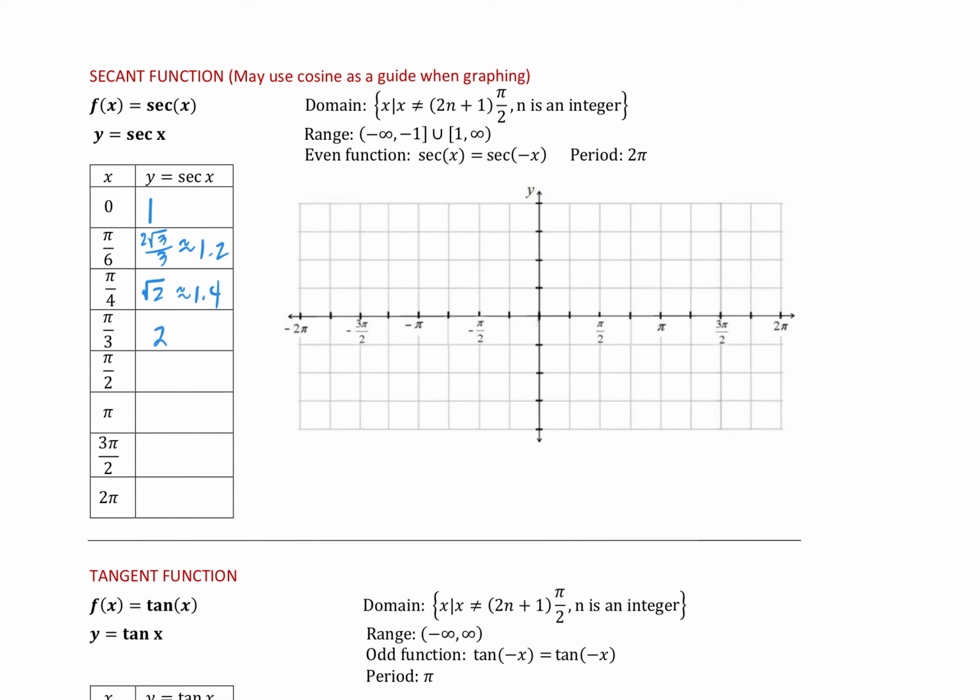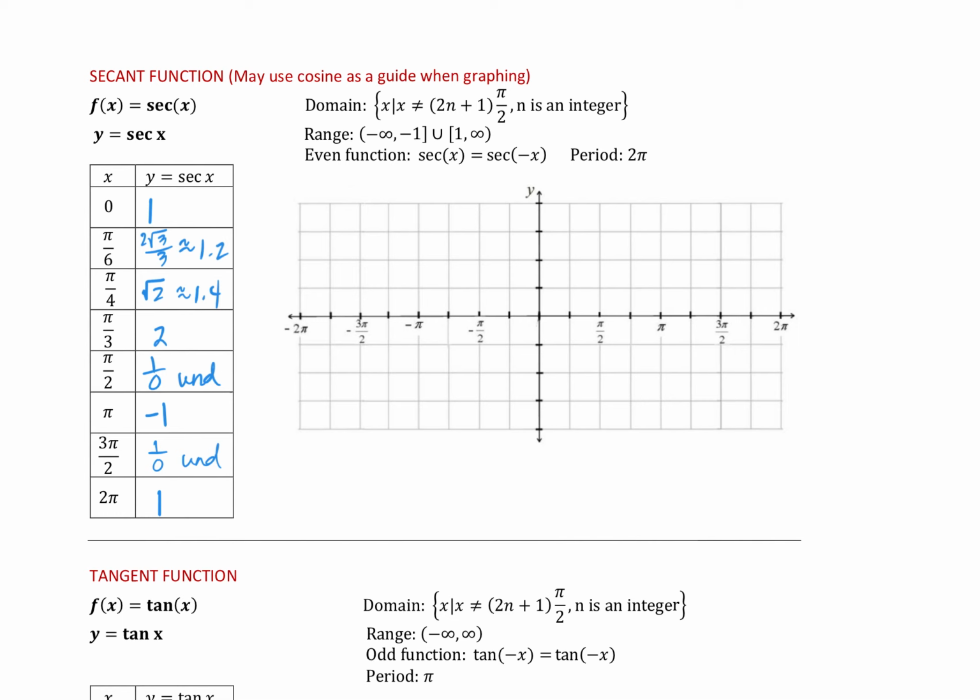At pi over 2, cosine is 0, so we have 1 over 0, and it's undefined. At pi, cosine is negative 1, flip it, we get negative 1. At 3 pi over 2, again, cosine is 0, so this is going to be 1 over 0, and it's undefined. And at 2 pi, cosine is 1, flip it, you get 1.